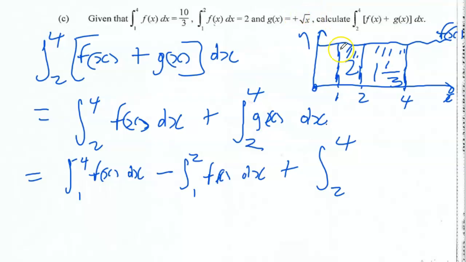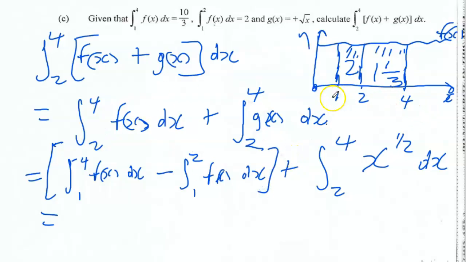G is the square root of x, which can be written as x to the power of half, right? So the integral here in question, the integral of f of x between 4 and 2 is actually 1 and 1/3, or 4 over 3, right?